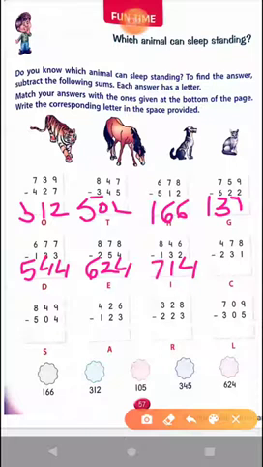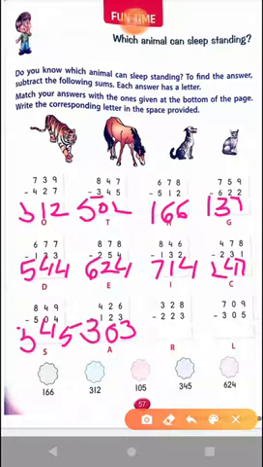Next is 8 minus 1, 7, 7 minus 3, 4, and 4 minus 2, 2. 9 minus 4, 5, 4 minus 0, 4, and 8 minus 5, 3. Next is 6 minus 3, 3, 2 minus 2, 0, and 4 minus 1, 3.